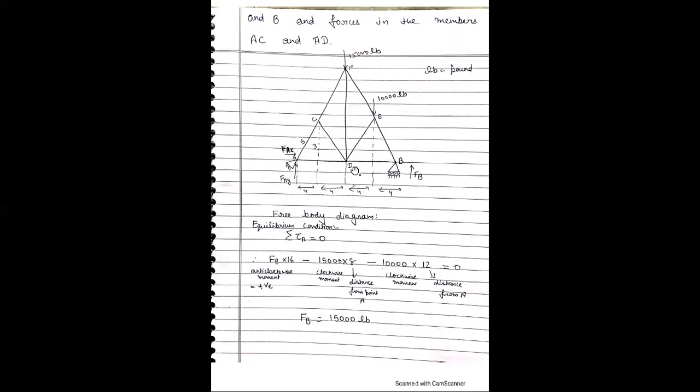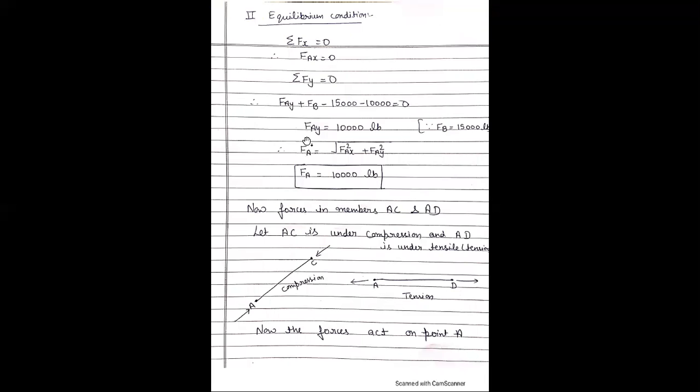From geometry, we know that sin alpha is equal to 3 by 5 because, in this triangle, the base is 4 and the height is 3, therefore AC is equal to 5. And sin theta is equal to perpendicular upon hypotenuse.